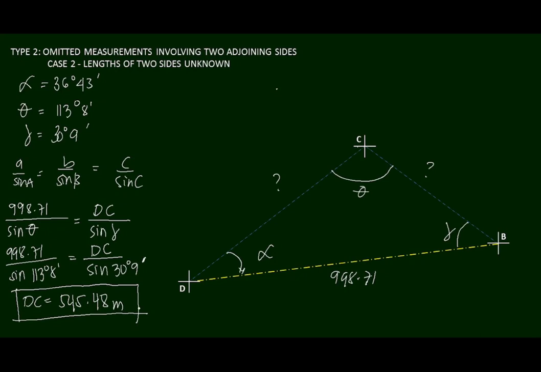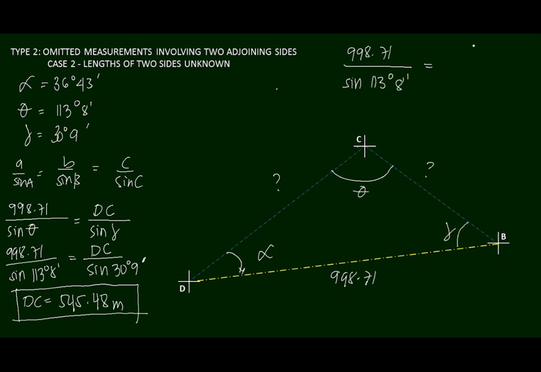How about the length of BC? Again, I'm going to use sine law. I-copy ko lang yung aking side A, 998.71 over sine. Yung angle na opposite ni 998.71 ay si theta, which is 113 degrees, 8 minutes.